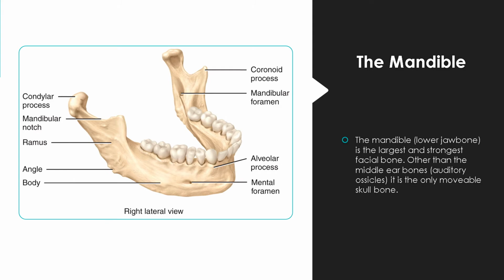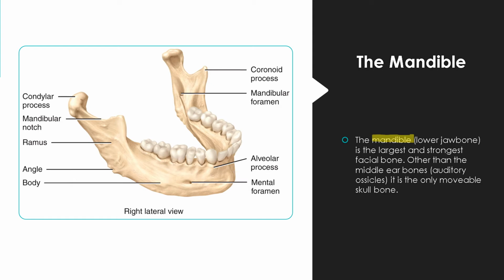Now here we have the mandible, also known as the lower jawbone. This is the largest and strongest facial bone. It's the only movable skull bone other than the auditory ossicles, the small bones of the ear.